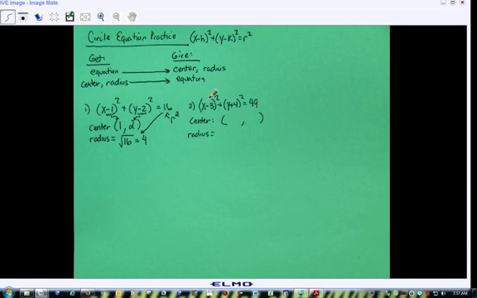This guy right here? 1, 2, 3. -4. All right. Now the radius. On the count of 3. 1, 2, 3. 7. And that's equal to the square root of 49.